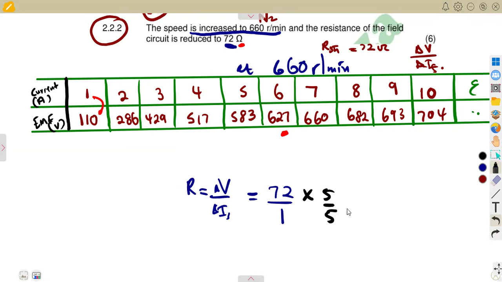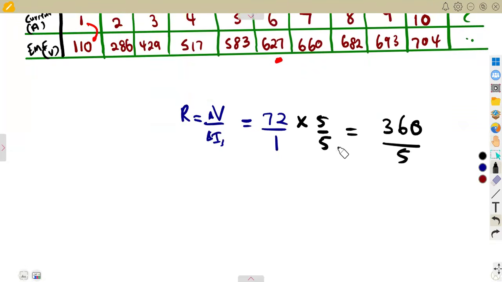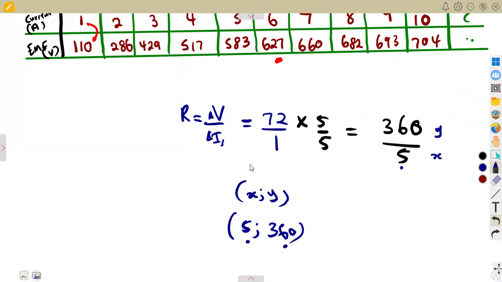The number that you use must be the same. 72 times 5 was 360 over 5. 360 is easier for us to locate. Just like y over x, the change in y over the change in x, it's like a point (x, y), which is 5 versus 360. The current is 5. The voltage is 360.